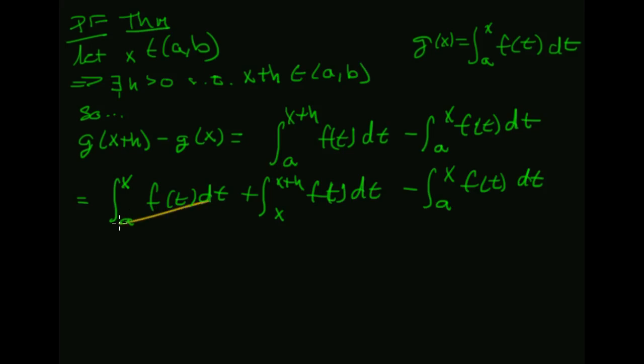A quick examination says that these cancel out, and that can be simplified to the integral from x to x plus h of f of t dt. Why did I just do that? Because then I can divide this through by h.